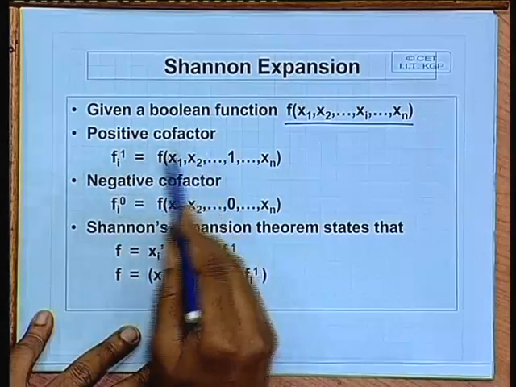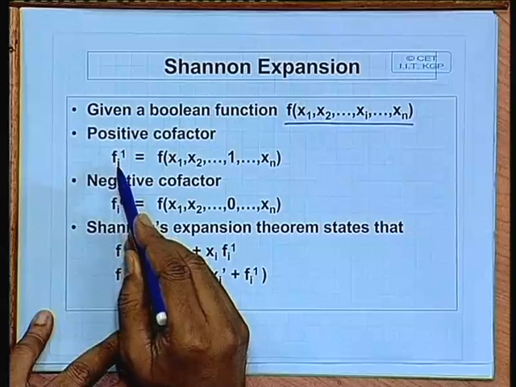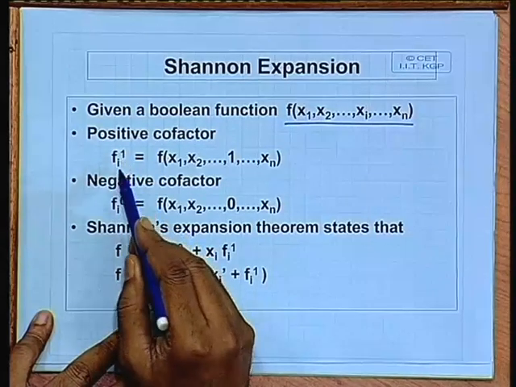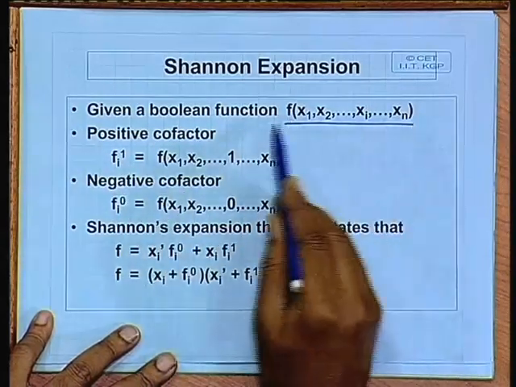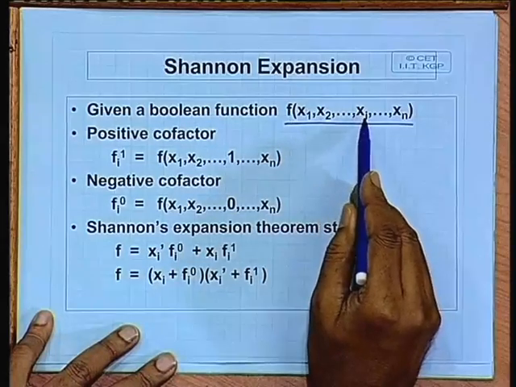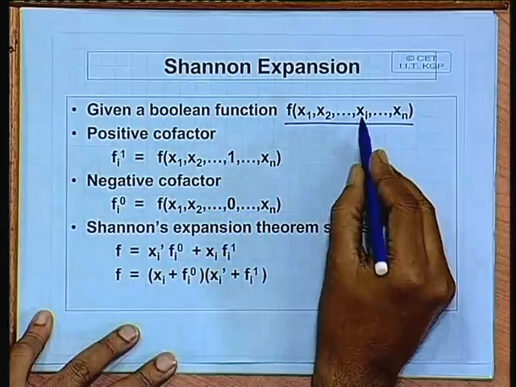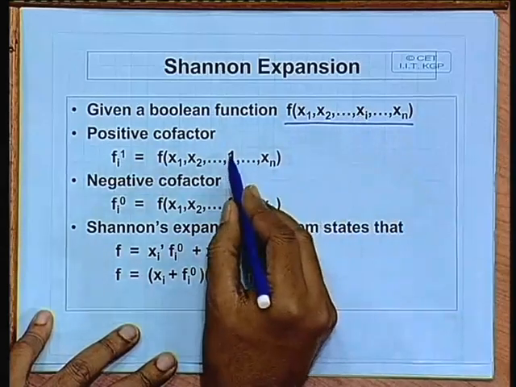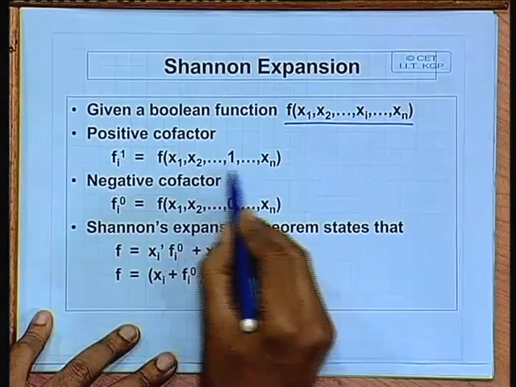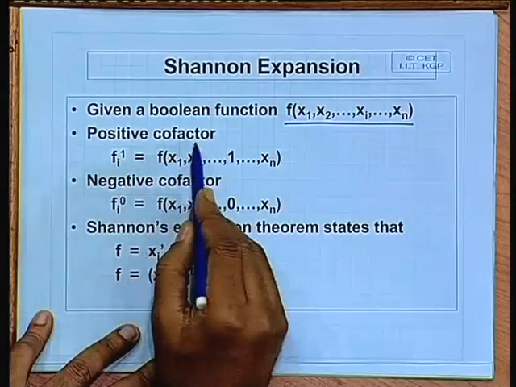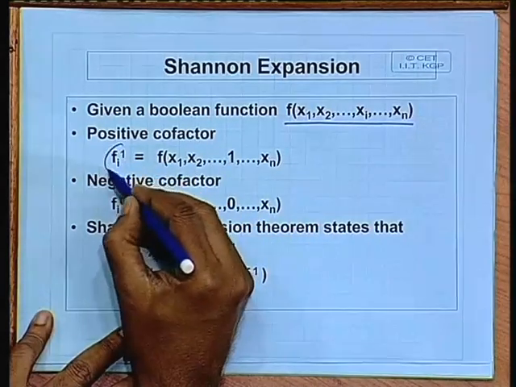A positive cofactor f_i1 is the same function where the input variable xi is replaced by a 1. So, when the ith input is replaced by a constant 1, then the resulting function is called the positive cofactor and is denoted like this.